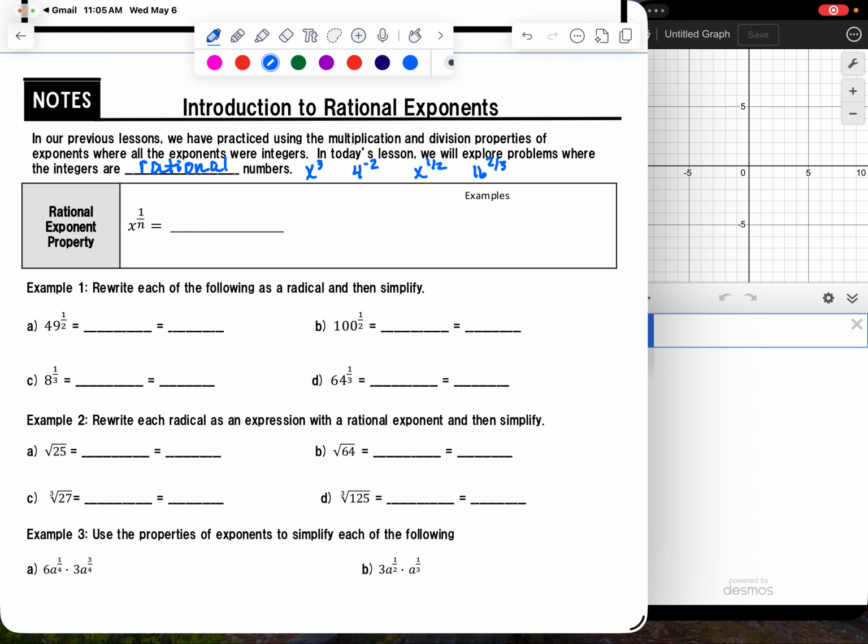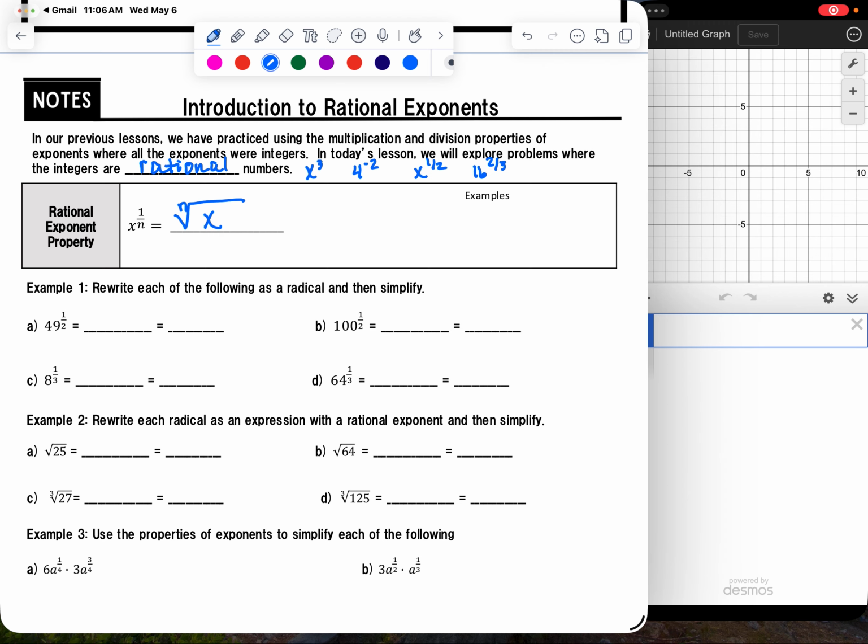Now, rational exponents have a close relationship with radicals. And in the rational exponent property, we have that x to the 1 over n power is the same thing as the nth root of x.